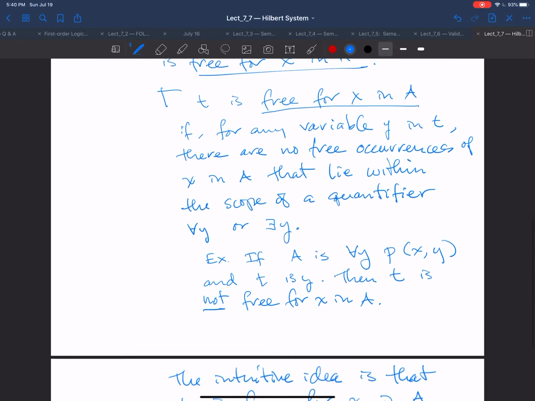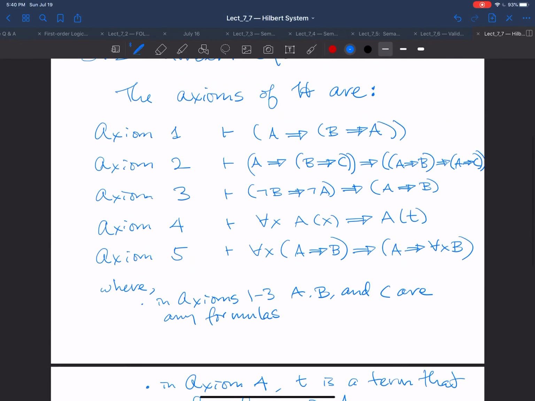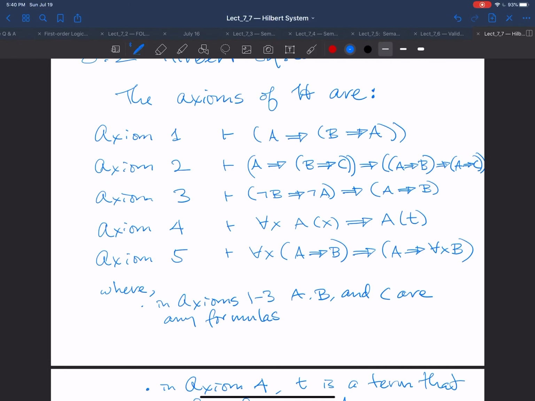And I think you can easily convince yourself that with those restrictions that we've mentioned, these axioms are all valid.